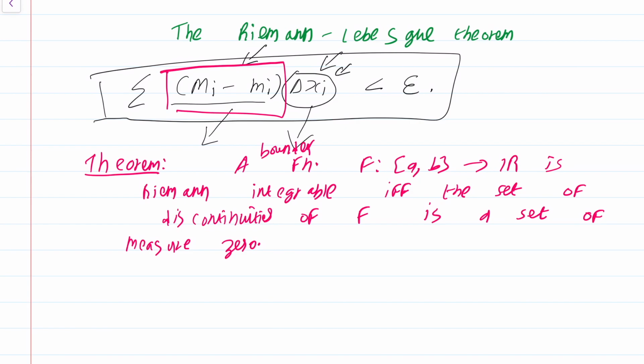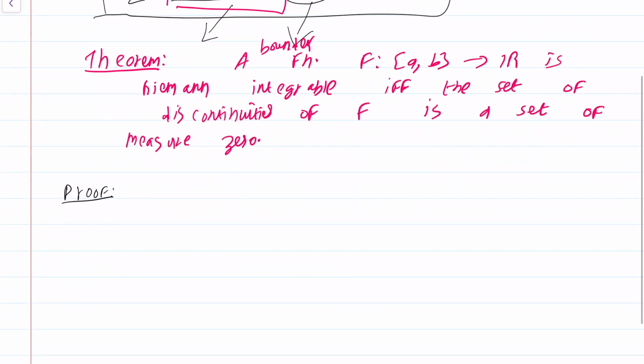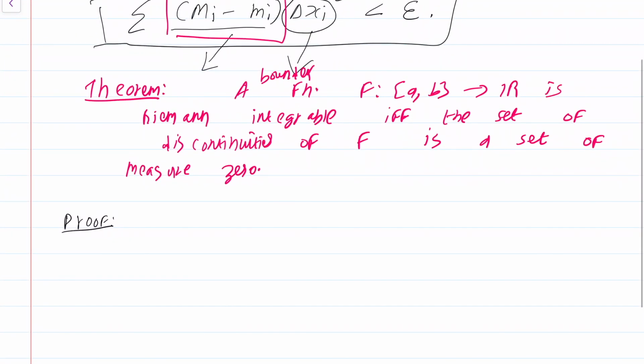And we can do this because the set of discontinuities is a set of measure 0. Therefore, you can cover it by open intervals as small as you desire. So that is the key fact. So let's begin the proof. And please keep in mind these vague remarks that I am making. You will see them come alive in front of you.